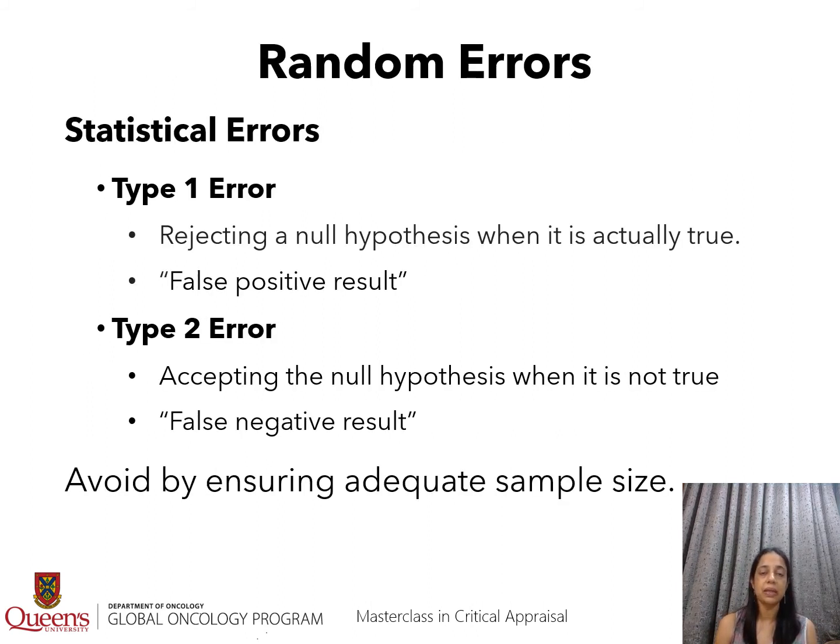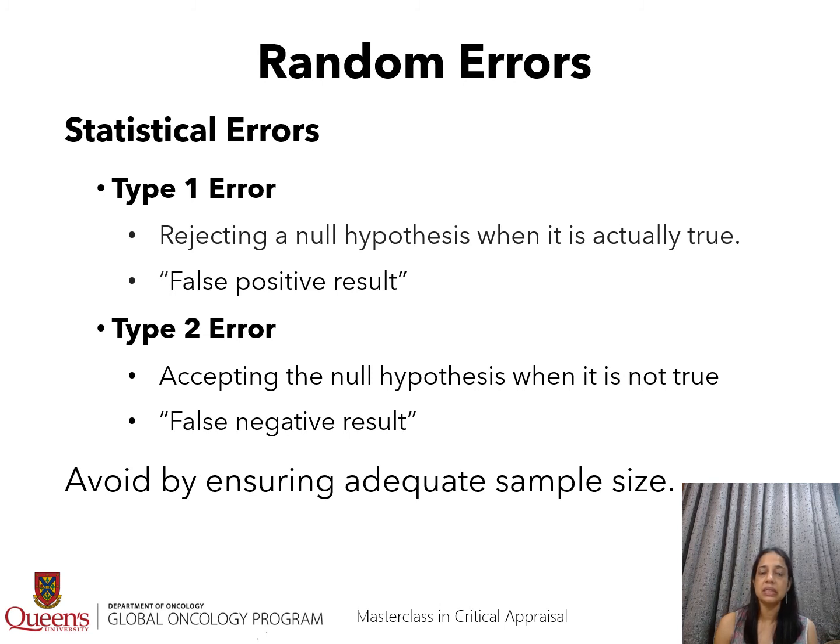Having discussed the systematic errors, let's briefly look at the random errors. So statistical errors or random errors arise because we do studies in samples rather than the entire population, and we try to infer from the study results and extrapolate to the population. So a type 1 error, also known as an alpha error, means rejecting a null hypothesis when it is actually true.